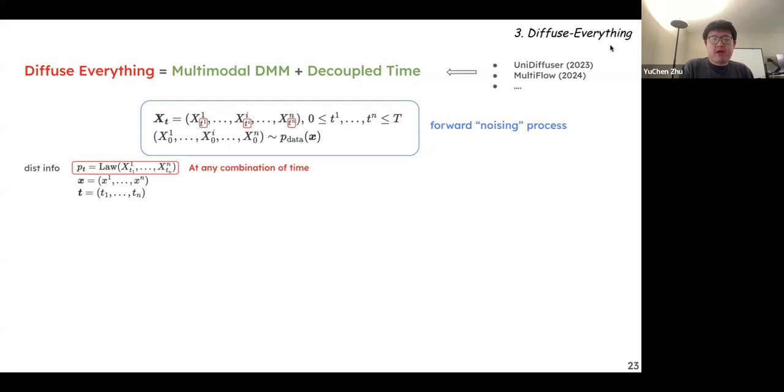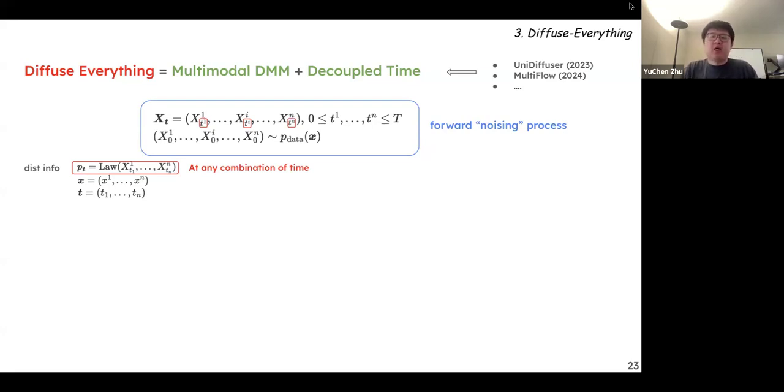So, I also want to mention that this idea of decoupled time, of course, we didn't really invent it. It has a history of being used in enabling any-to-any generation that can be traced back at least to UniDiffuser from 2023, and it's also adopted in MultiFlow in 2024.